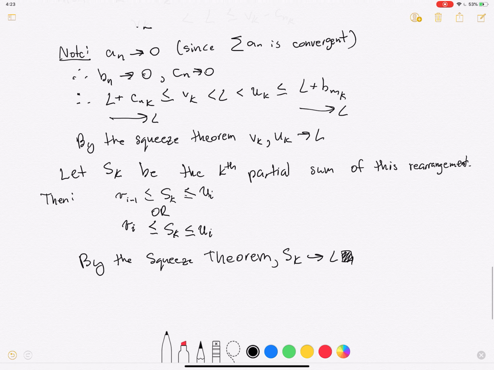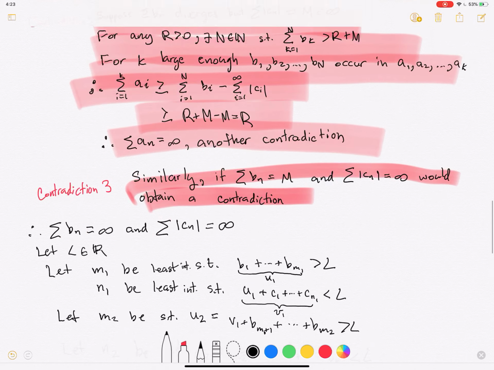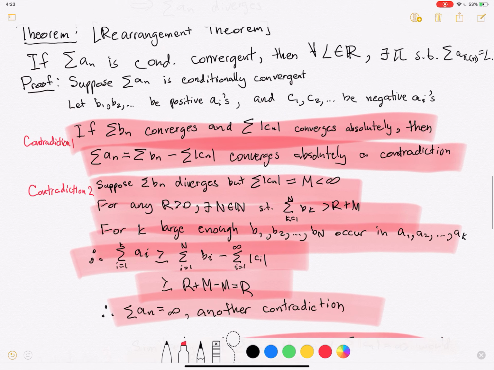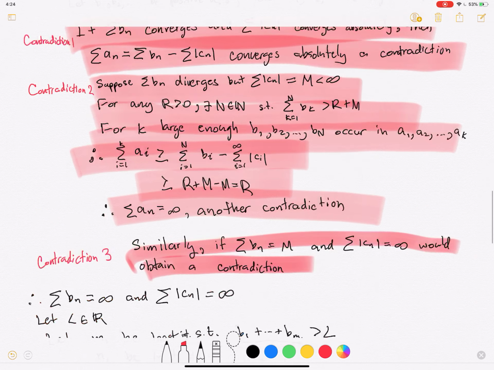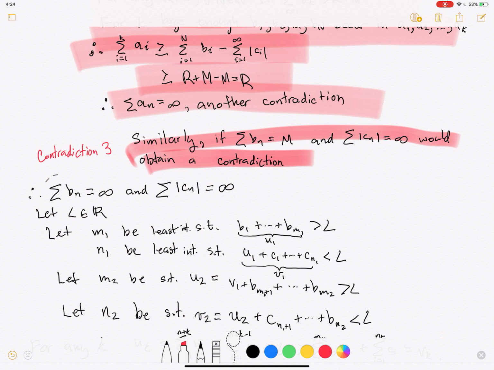That was very tedious. So first we had to eliminate cases. We partitioned the terms based on being positive or negative, so B's are the positives, C's are the negatives. Then we concluded through contradiction that if you sum all the positive terms, it diverges, and if you sum all the negative terms, when you take absolute values, it also diverges.